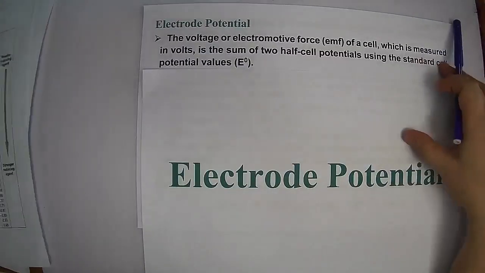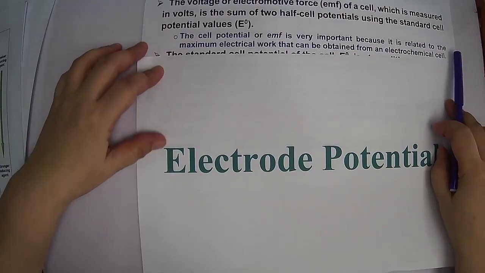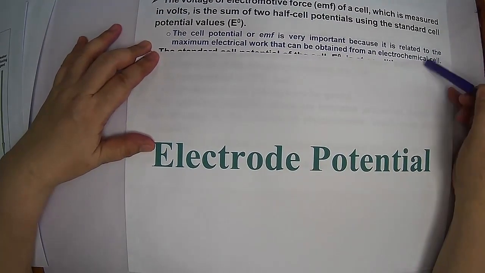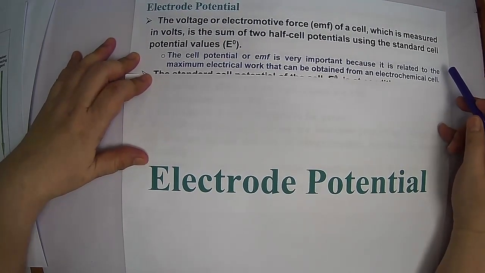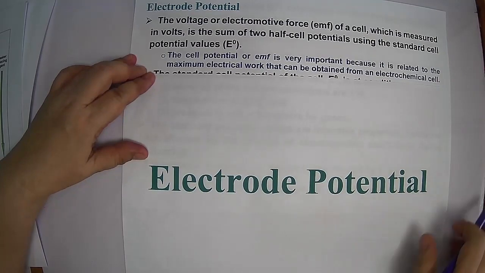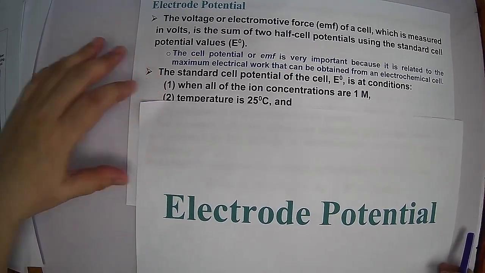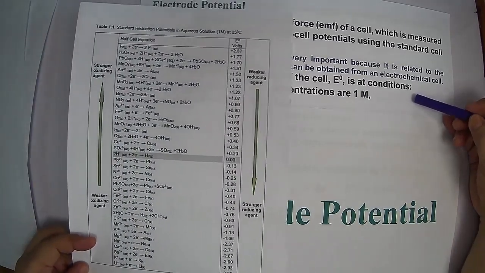For the electrode potential, moving on, the cell potential or the EMF is very important because it is related to the maximum electrical work that can be obtained from an electrochemical cell. The standard potential of a cell is the condition of the table that we prepared a while ago.